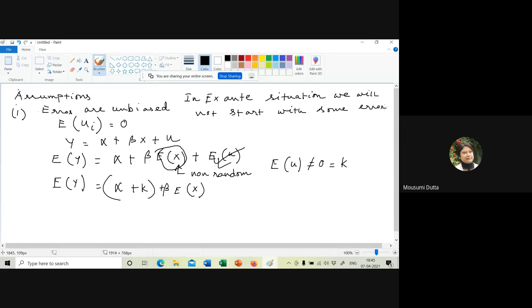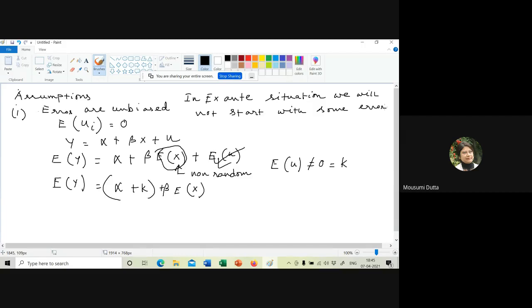It is rational that to begin with, we start with a model where expected error is equal to 0. Because from the very beginning, expected error will be this, so this will be adjusted with the intercept term.